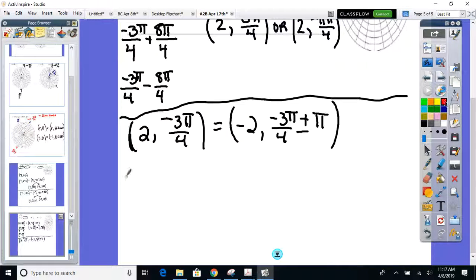All right, so negative 3 pi over 4 plus, hey, what are you guys changing pi into? Let's make a denominator of 4 so I can add them together. How do I make it a denominator of 4? What's got to be on top? 4 pi, yep. And then negative 3 pi over 4 minus 4 pi over 4.